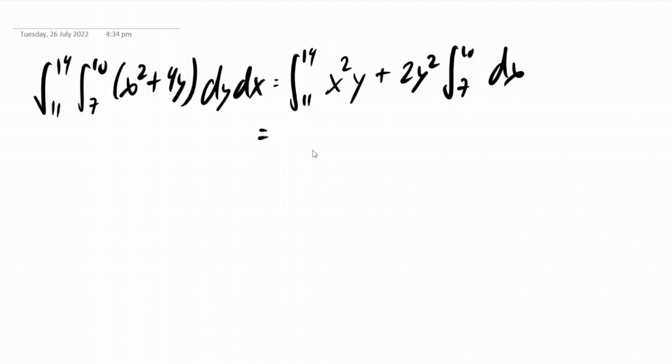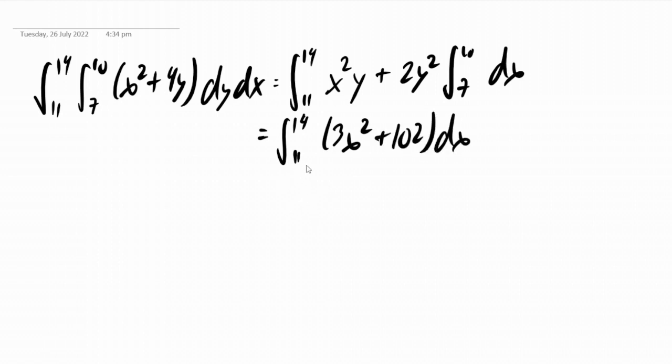Now we substitute 10 and 7 to y, that is 3x squared plus 102 dx. Next, we find the integral using the dx here. Find the integral of x, that is 3x cubed over 3.